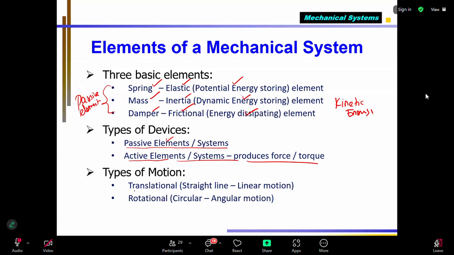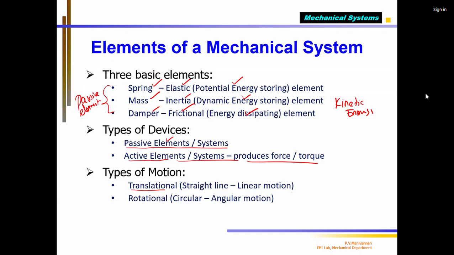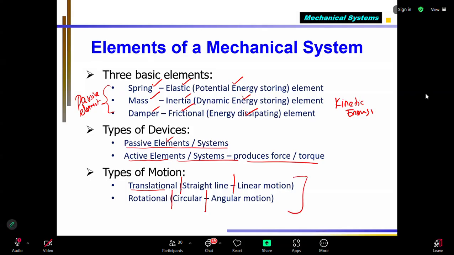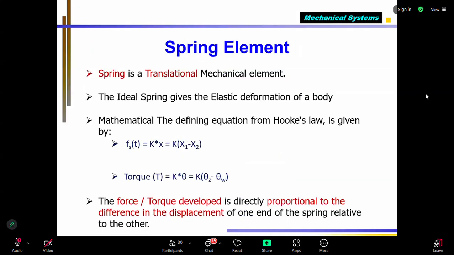Then, as I told yesterday, there are only two types of motion in the universe. One is called translational, also called straight line or linear motion. The other one is rotational motion, also called circular or angular motion. Only two types of motion are produced in the universe wherever you go, rotational motion or linear motion. Okay, this is the basics of mechanical system.